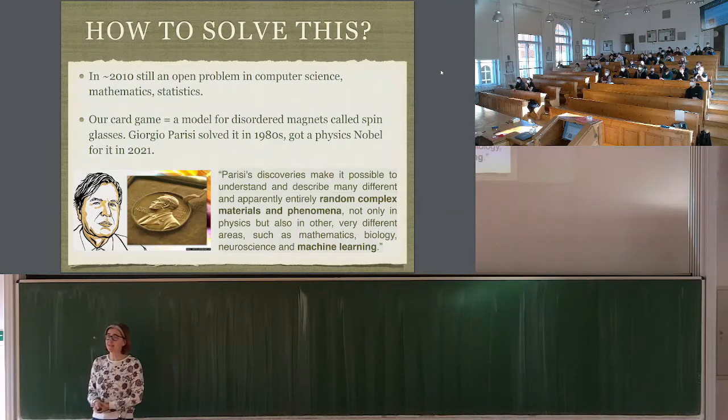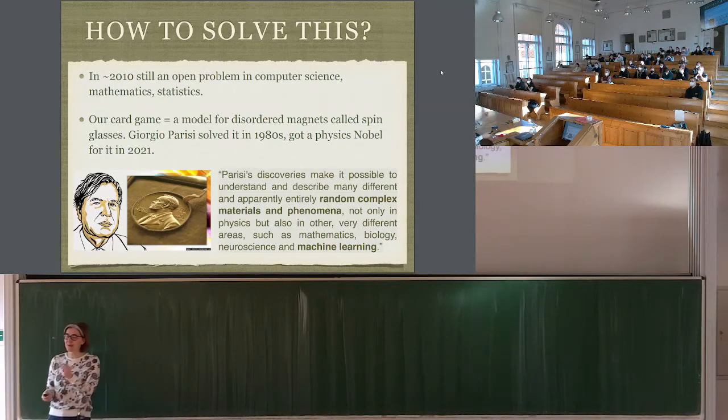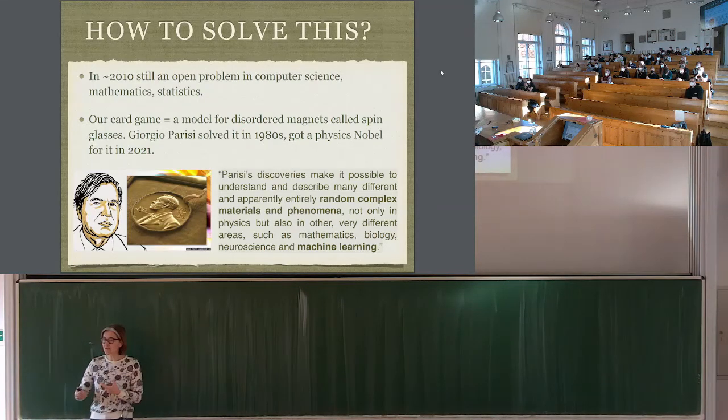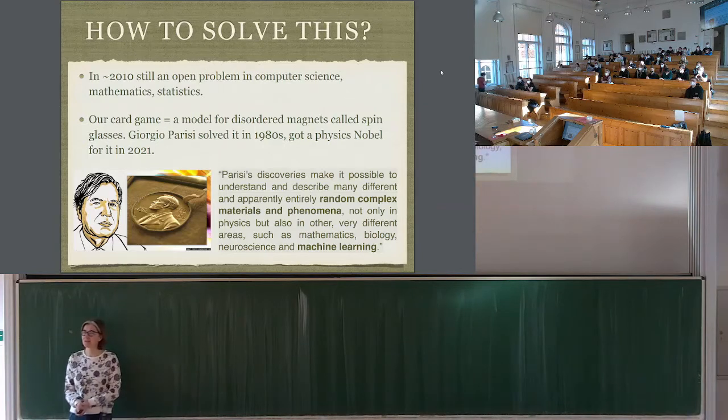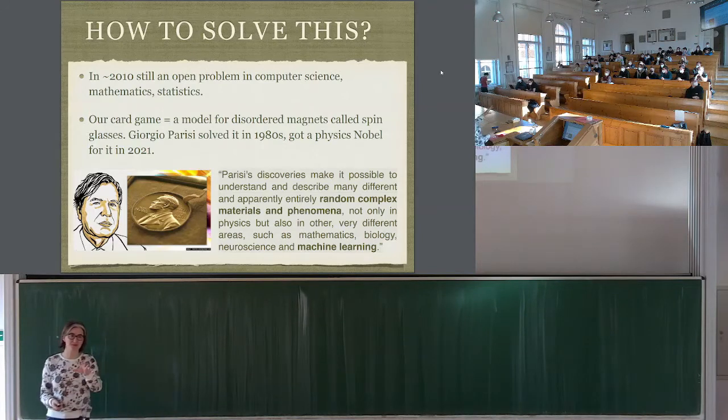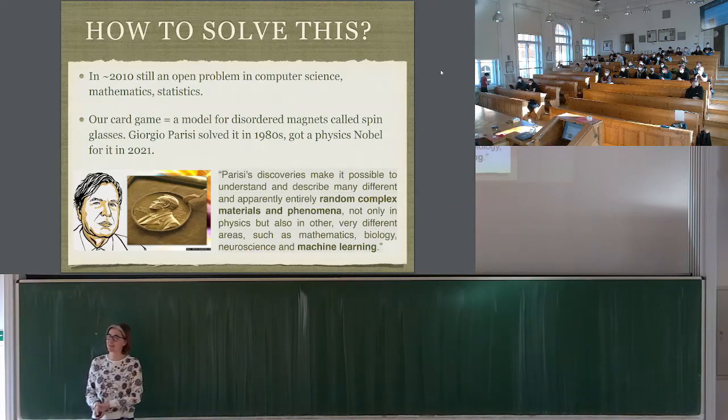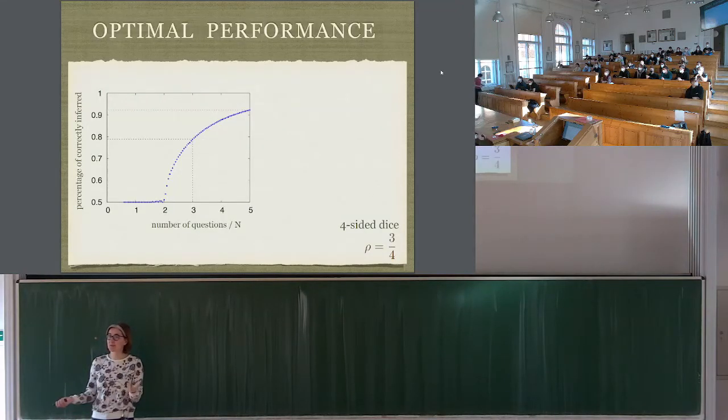This very card game that I defined is equivalent to a paper of Parisi from the 80s. And what we did 10 years ago was realize that and go to that paper, redo the calculation, changing a bit here and there because the definitions were not exactly the same, and then we had the solution.